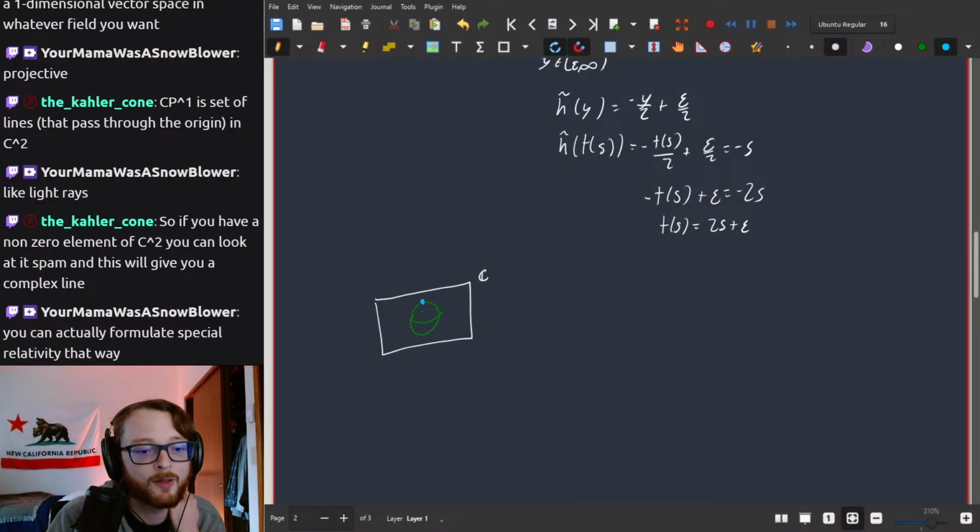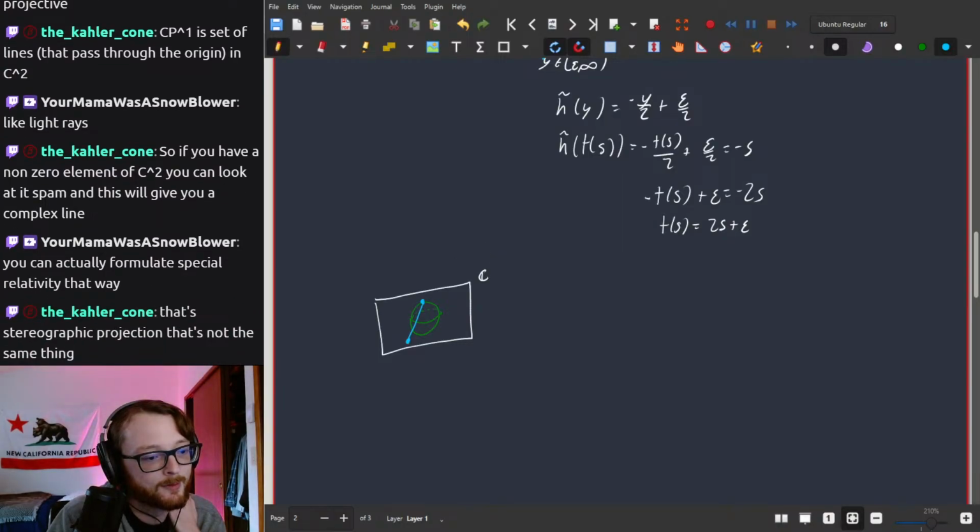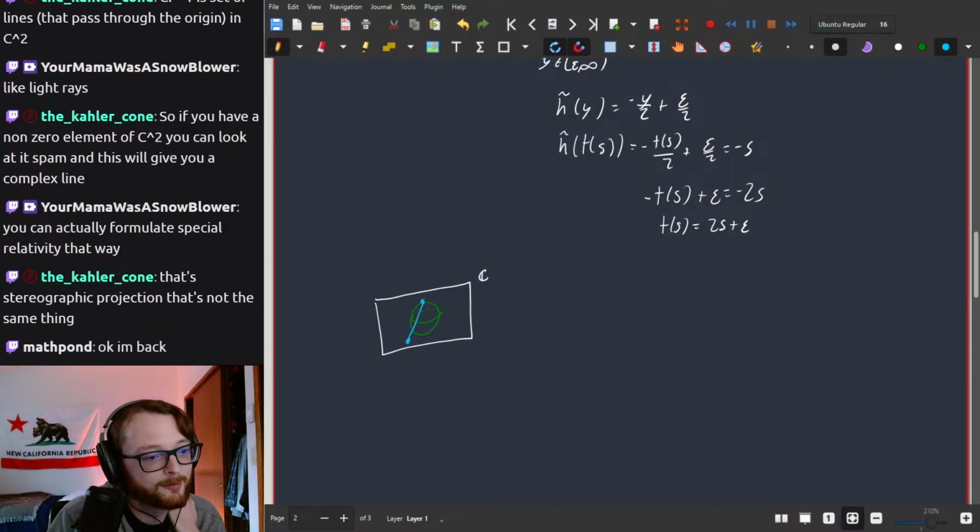How mapping was explained to me is that you can draw a vector from the top of the sphere to anywhere on the plane, and that's how you do this mapping. And I feel like you're talking about the more rigorous explanation of that. Stereographic, oh, it's not? Okay.